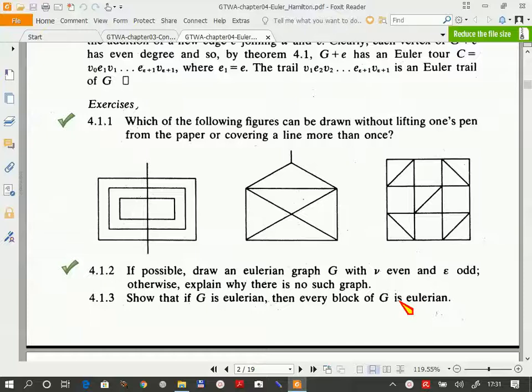The authors do not tell you what the situation is. Is it possible? Is it not possible? If it's not possible, say why. And if it's possible, draw it. An Eulerian graph should follow the Eulerian curve, and in an Eulerian curve, the number of edges is exactly the same as the number of vertices. No.